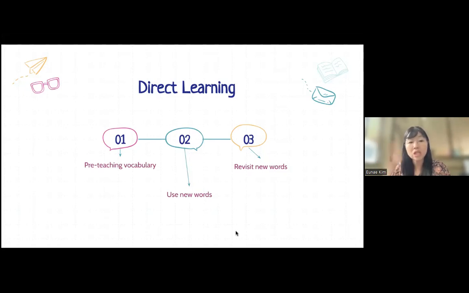So maybe you can pre-teach those words first. You can incorporate different kinds of activities like word puzzles or other fun activities. So you can pre-teach them, and then they need to actually use them to understand.